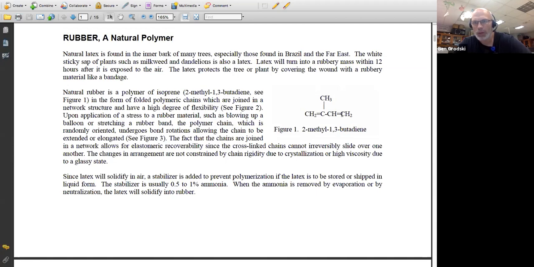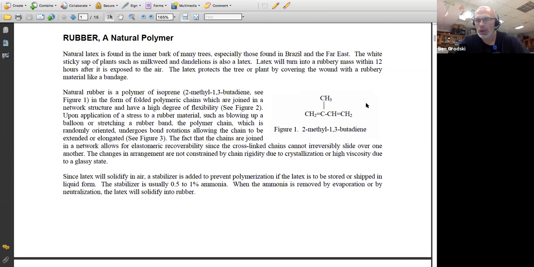On the first carbon and the third carbon, there is a double bond. That's the butadiene, and remember the double bond takes precedence. This one's the first carbon, the second carbon is the methyl group, and this is an example of the monomer.